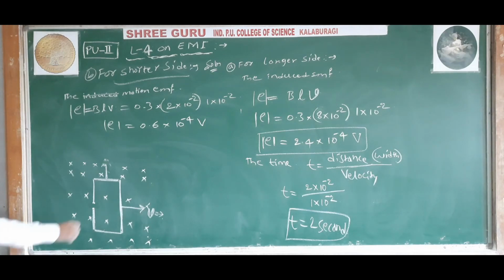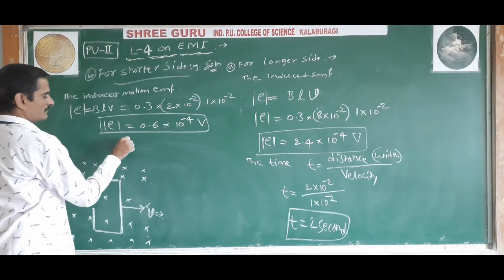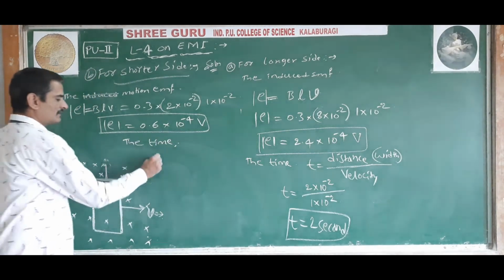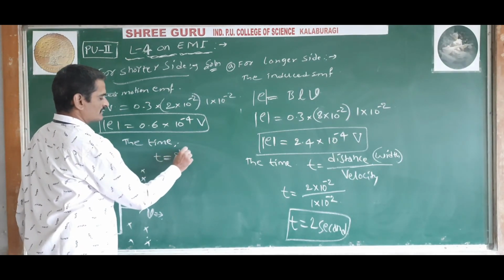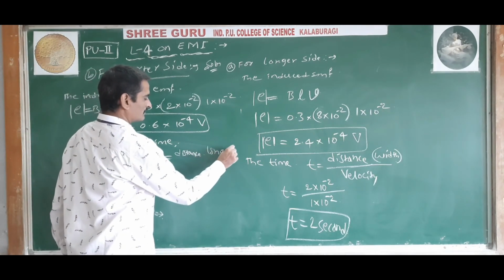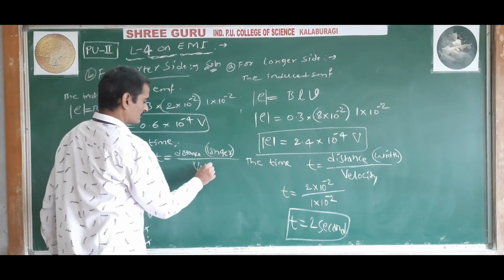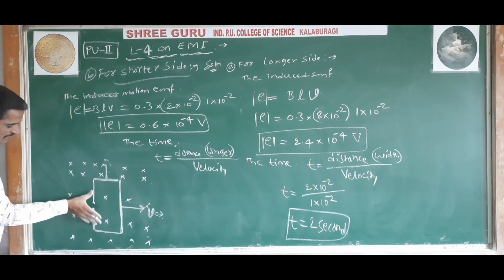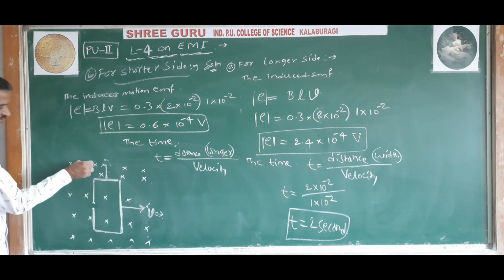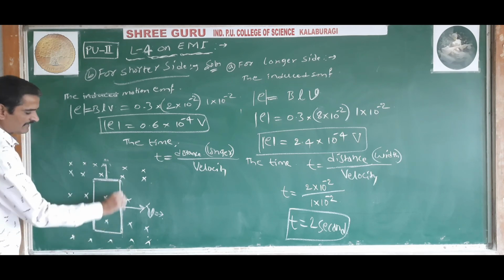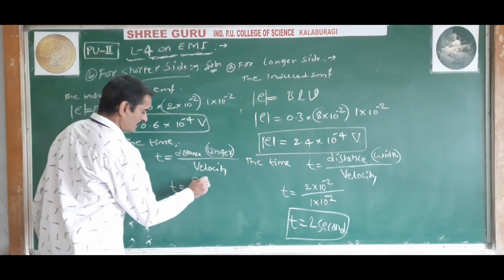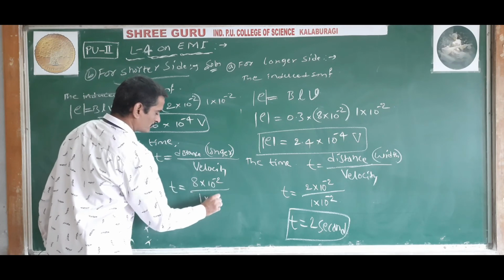Now for the time for which this induced EMF lasts, T is equal to distance travelled divided by velocity. The distance travelled will now be the longer distance, because the entire coil has to cross the magnetic field, that means this entire length has to cross it. So the longer distance is 8 centimeter, 8 into 10 to the power minus 2, and velocity is 1 into 10 to the power minus 2.